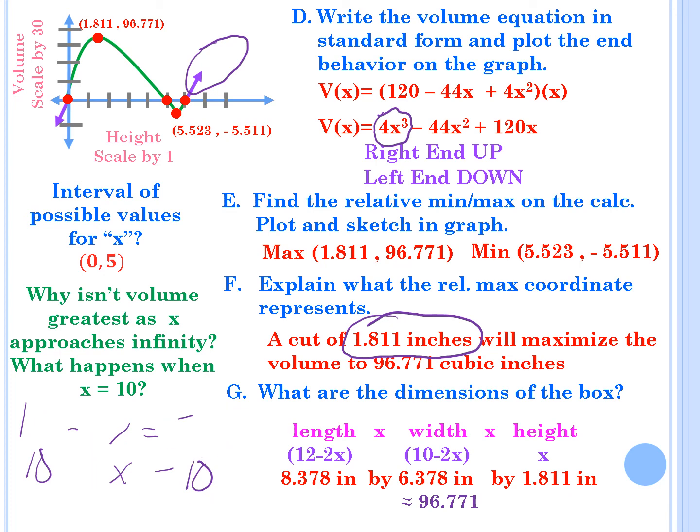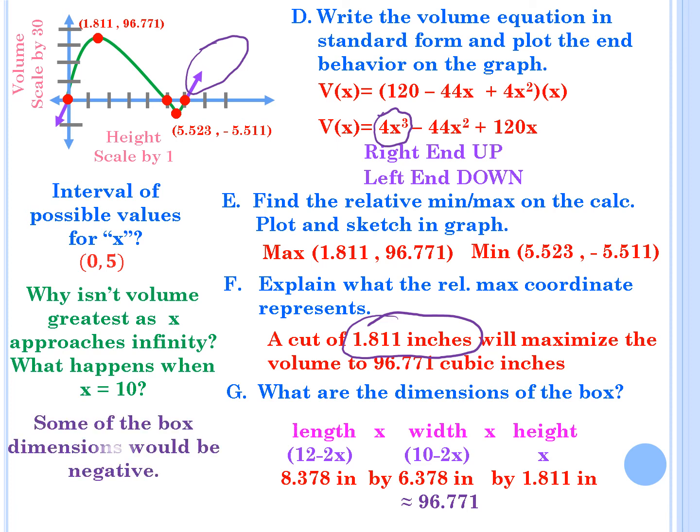So that's why we cannot have x values that are bigger than 6. And I know what you're thinking, well, a negative times a negative makes a positive. And while that is true, you've also got to look back at the individual side lengths. So when you plug in anything that's bigger than 6, it's going to produce a box that has dimensions that are negative.